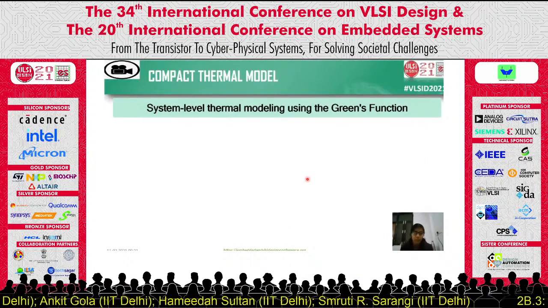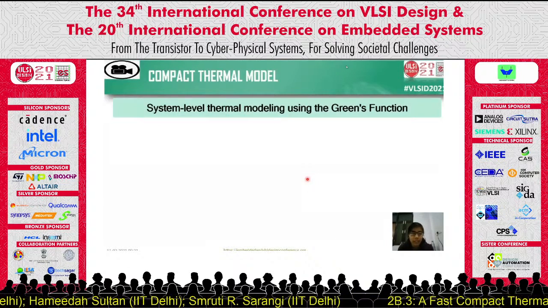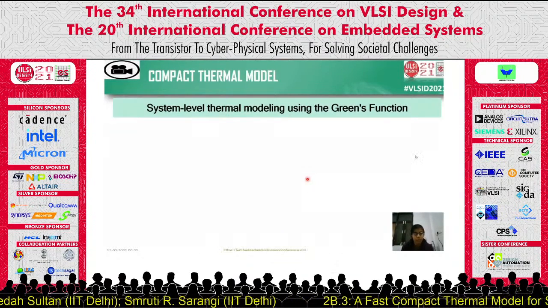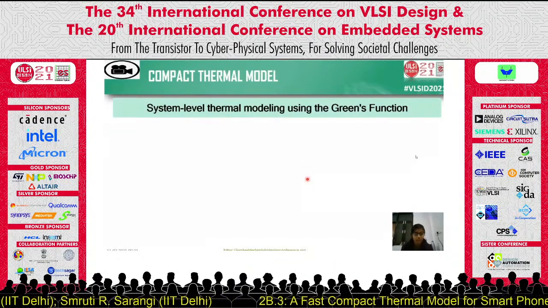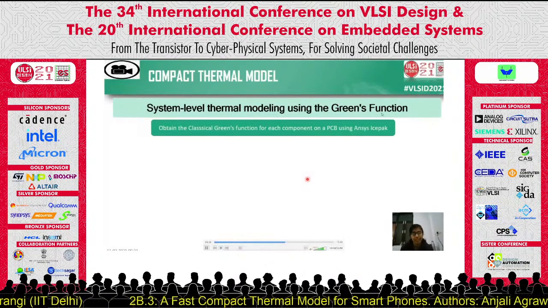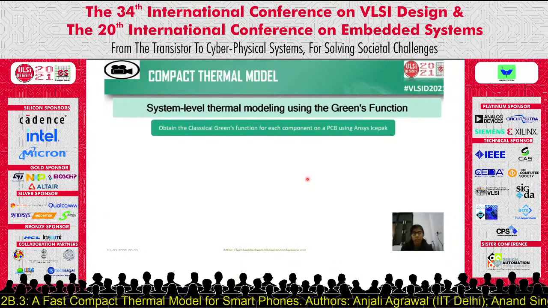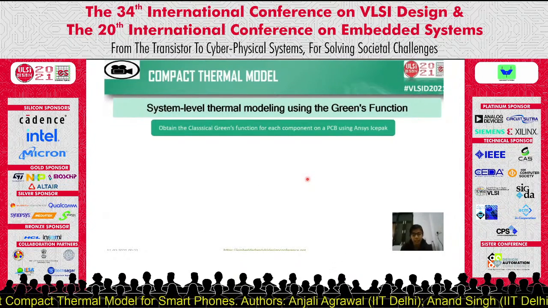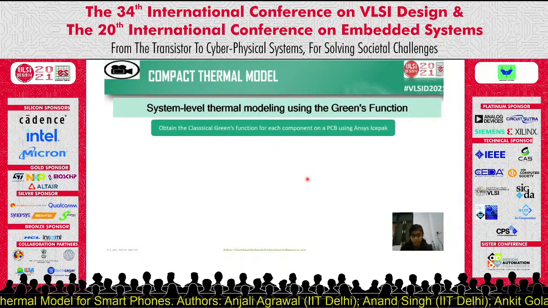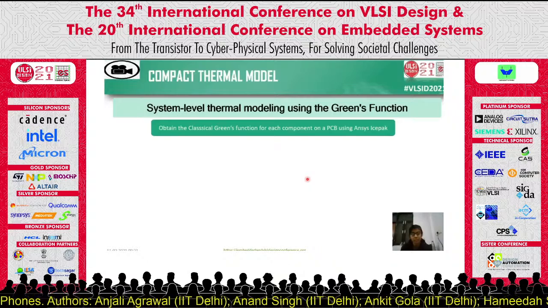Now coming to the compact thermal model. First, we will see the system level thermal modeling using the Green's function. As we have discussed earlier, first we obtain the classical Green's function for each component on the PCB for a nominal block area and conductivity values using the ANSYS ICEPAK, which we call the classical Green's function.